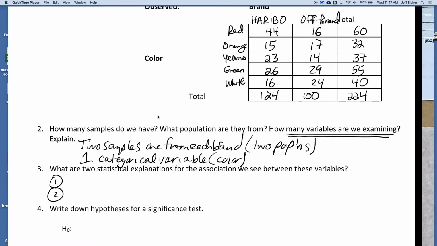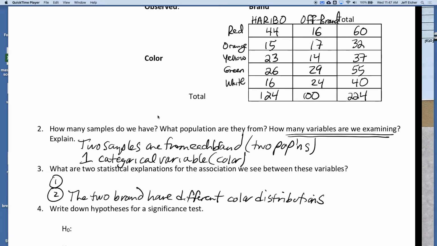Okay, so maybe the 2 brands decide to market differently, so they have a different color distribution. So I'll put that as number 2. The 2 brands, one explanation is the 2 brands have different color distributions. And that's why we see the differences that we see.